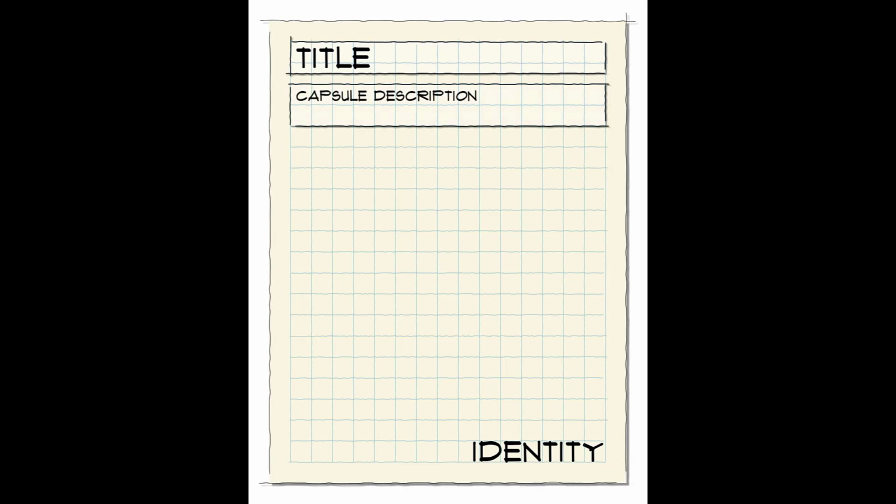In addition to that, I like to include on these what we call a capsule description, and consider this like an executive summary. There might be a lot of text on this page, and by a lot of text I mean a couple of paragraphs, but people aren't going to read it, especially in an interview situation. But an executive summary, people tend to read.